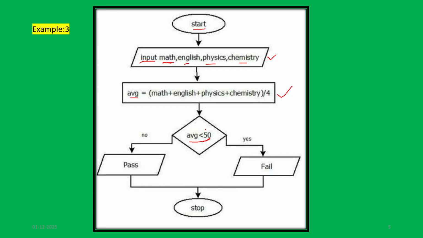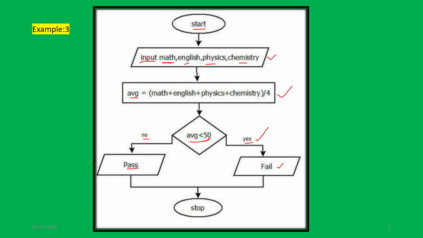Okay, if you got less than 50, say yes, and we can say that if your student got marks less than 50, automatically it is a failure statement that has to be printed. Since it has to be printed, as output we use this rhombus symbol. Next, if the average is not less than 50, then automatically the student passes. That also you have to write as an output and use this rhombus symbol.